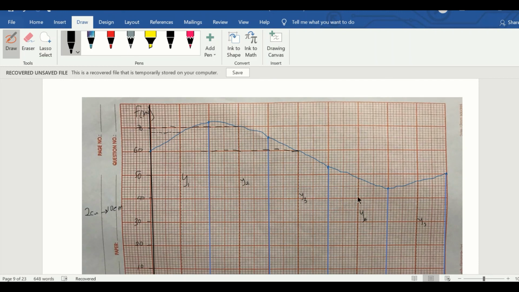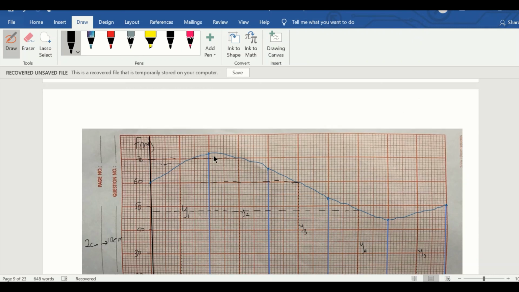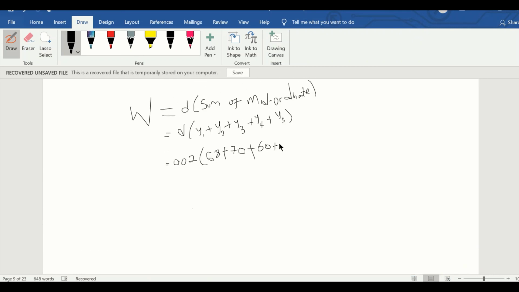Yes, my y4 is at this point on the graph. Take it down to the y-axis. Use your ruler when doing this to avoid any mistake. This is 40, 45, 6, 7, 8. My y4 is 48.